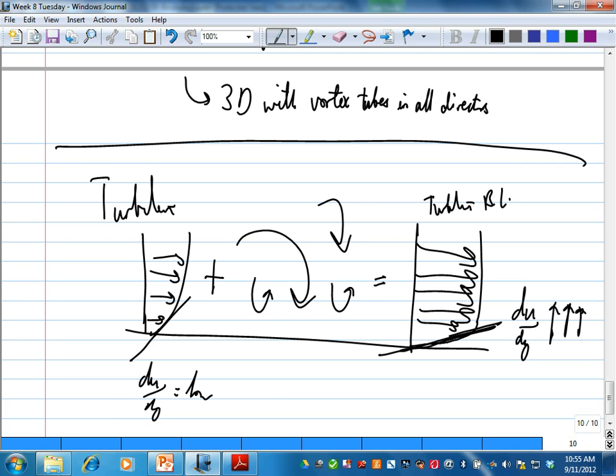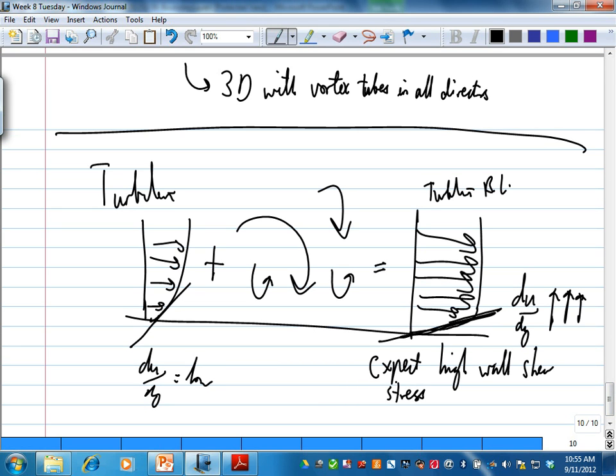So you expect high wall shear stress here, and therefore high skin friction.